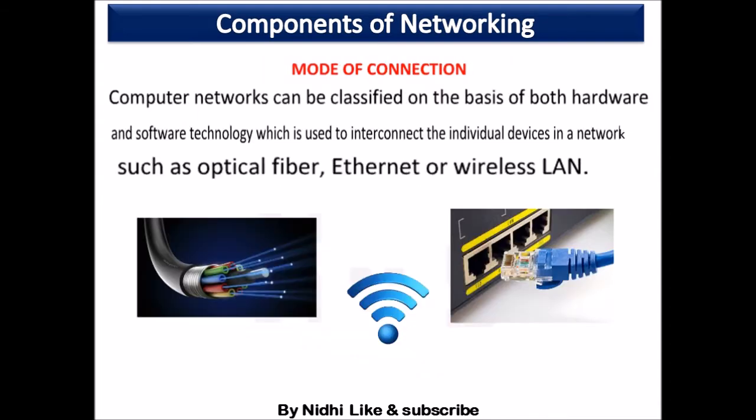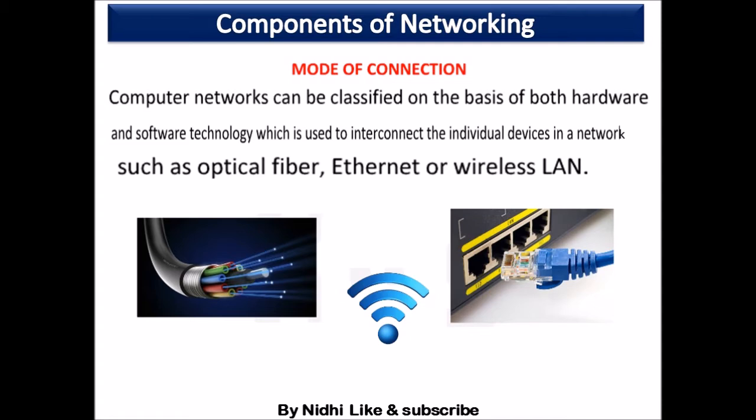Next is mode of connection. What type of mode are we using for connection? Computer networks can be classified on the basis of hardware and software technology, which is used to interconnect the individual devices in a network. We can connect with optical fiber cable; the first diagram is depicting optical fiber cable.